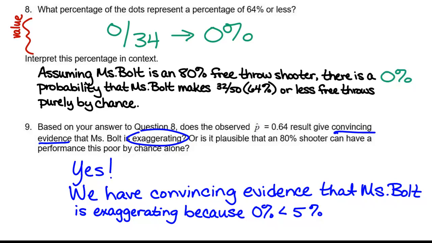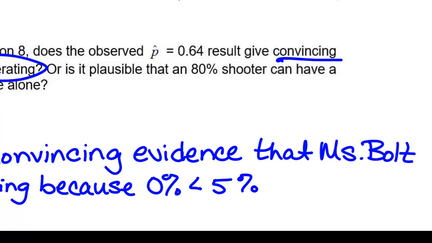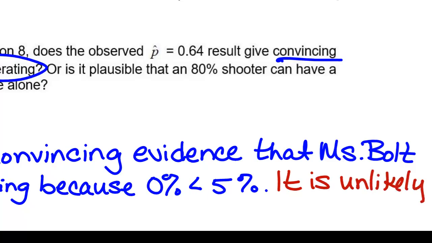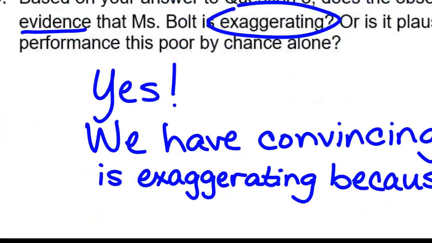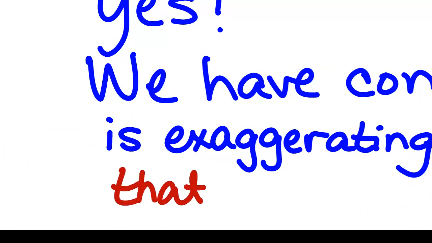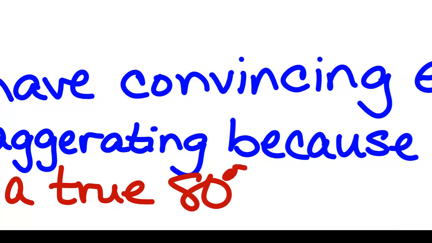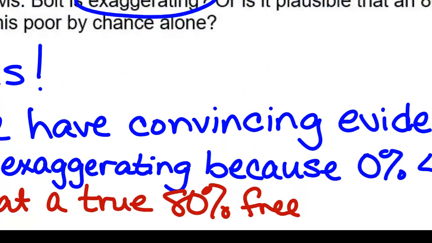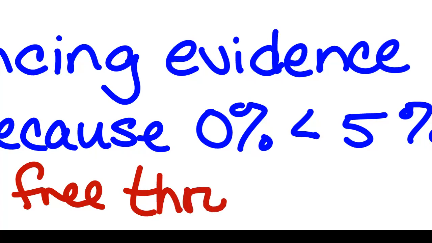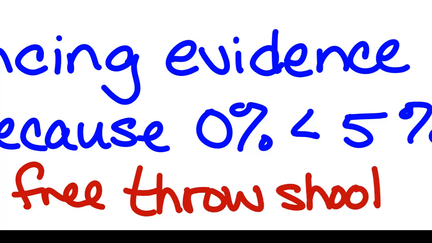So we have this convincing evidence. It's unlikely that an 80% free throw shooter does this poorly just by chance.